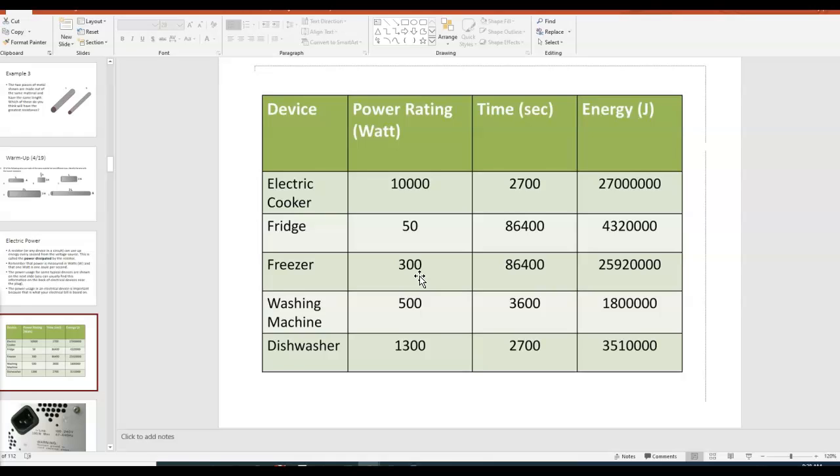Well, usually your freezer is on almost all the time. And so when you multiply that 300 watts by how many seconds there are in the month, that gives you a number in joules of energy. And that's basically what you're paying on your electric bill. And you have to do that for all of your devices. They basically all come added together, measured by your electrical meter. And so that's why power rating is important.